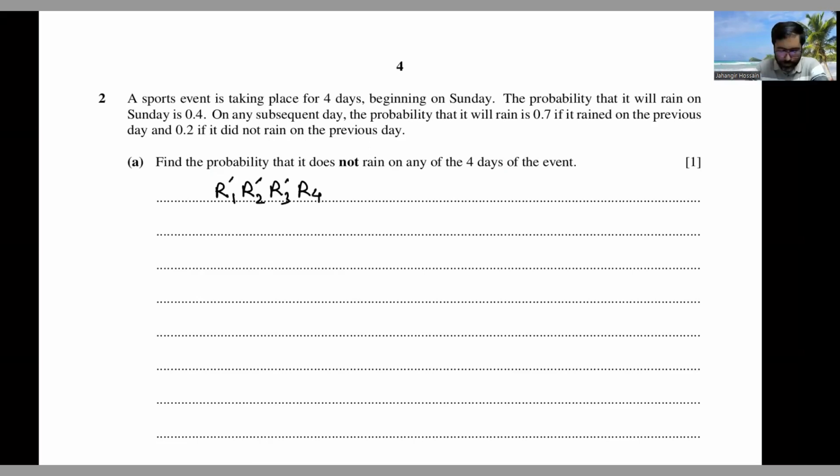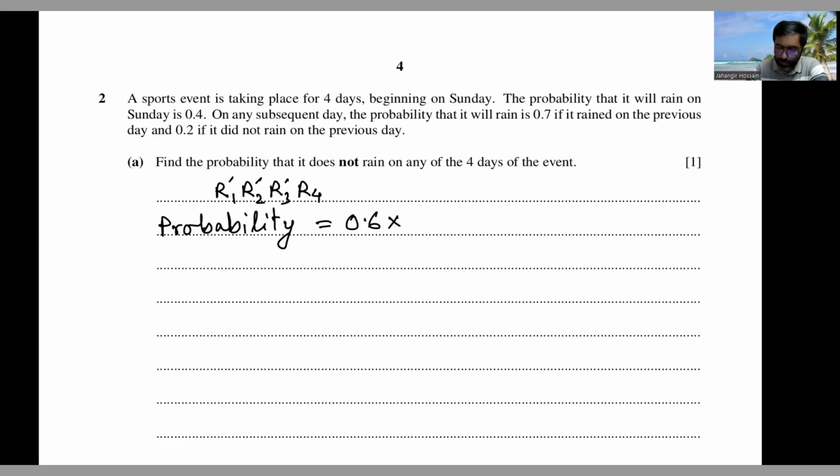On the first day, Sunday, the probability of raining is 0.4, so not raining is 1 minus 0.4, that is 0.6. So, if we write it directly, on Sunday the probability of not raining is 0.6.